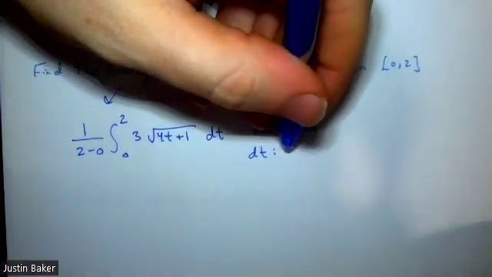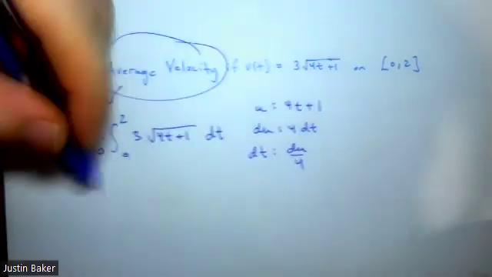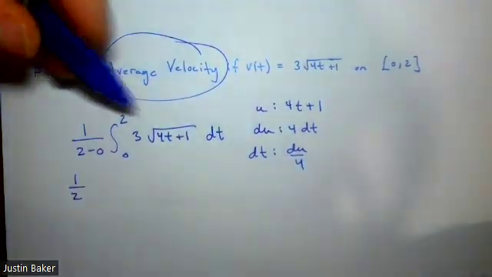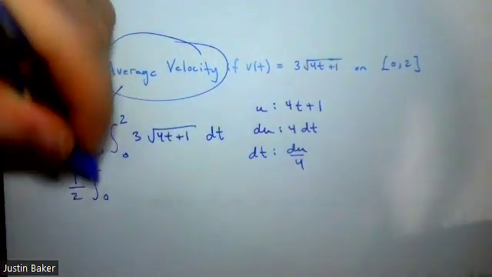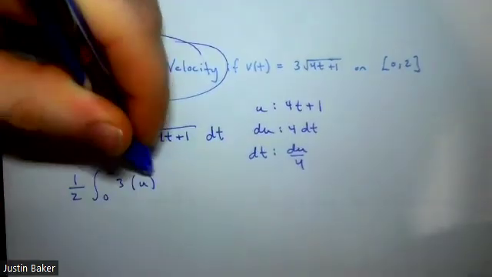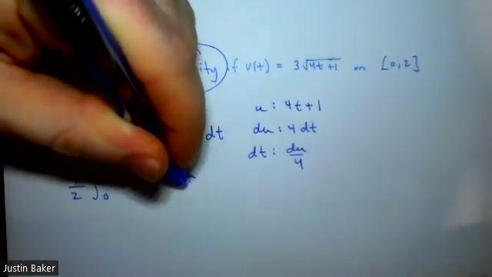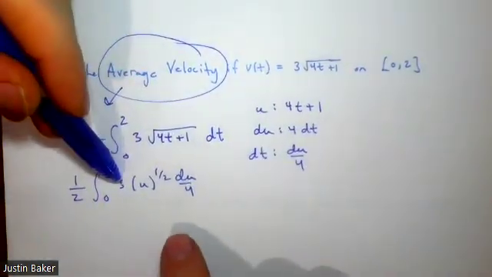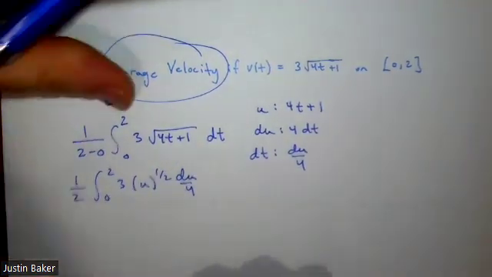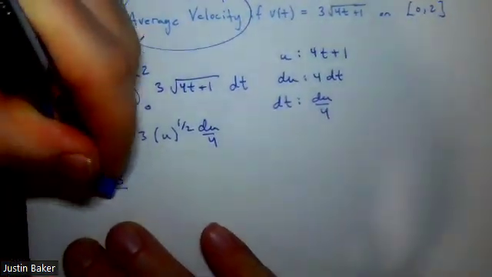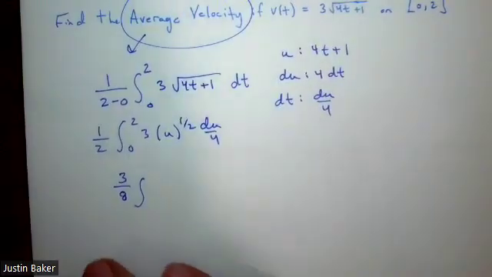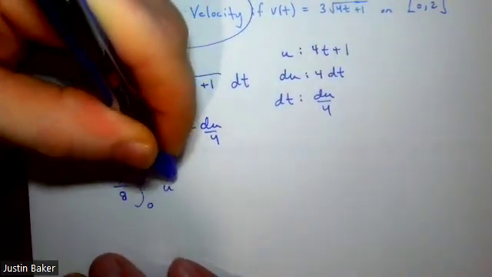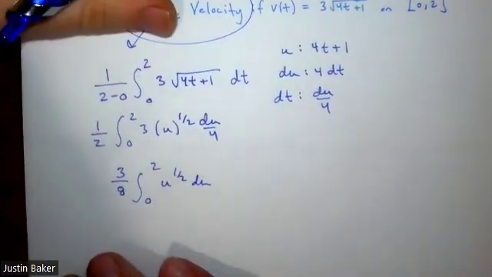So dt is du over 4. So that's 1/2 times, now, what does that produce? 3 u to the half du over 4. So this 3 is coming on the top and this 4 is headed on the bottom. So this is going to be 3/8 out front, 0 to 2 u to the half du.